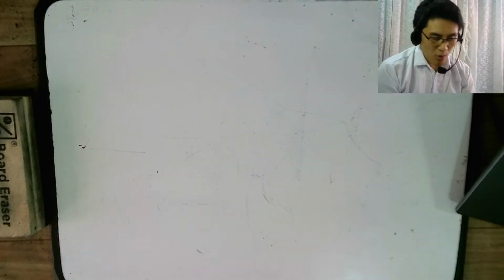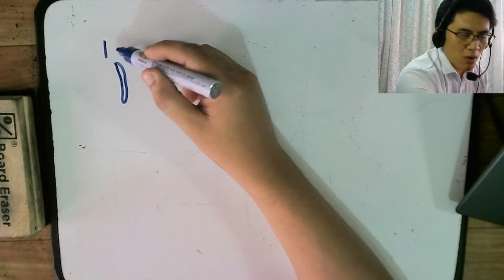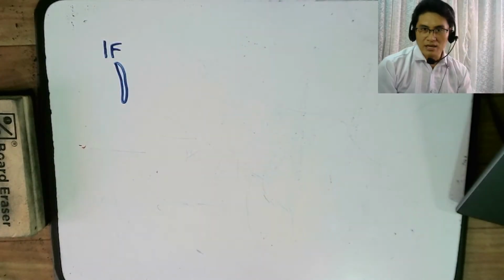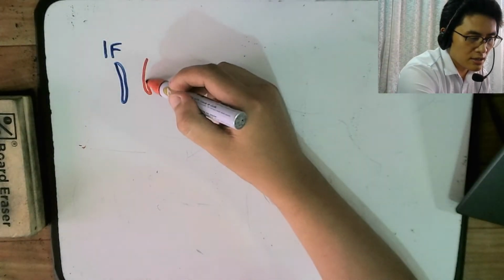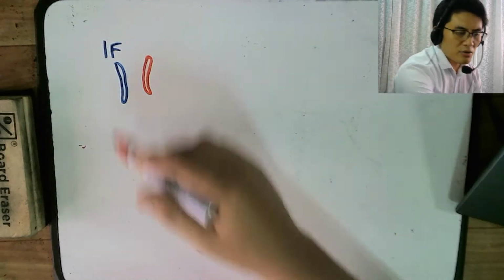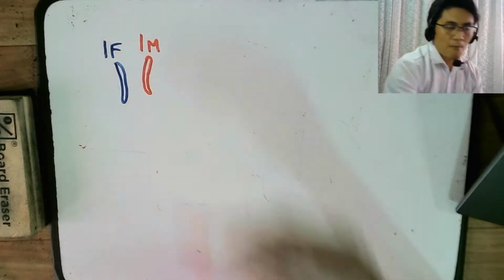So let's take, for example, chromosome number 1. There is a chromosome number 1 coming from your father. We label that 1F just for easy recognition. And then another chromosome is also chromosome number 1, but it is coming from your mother.